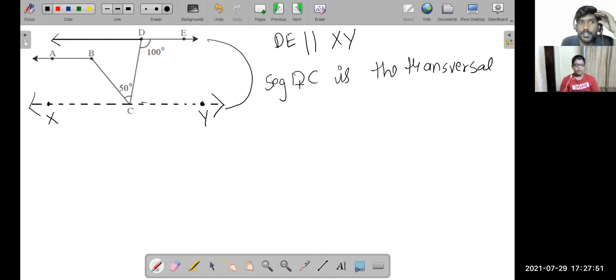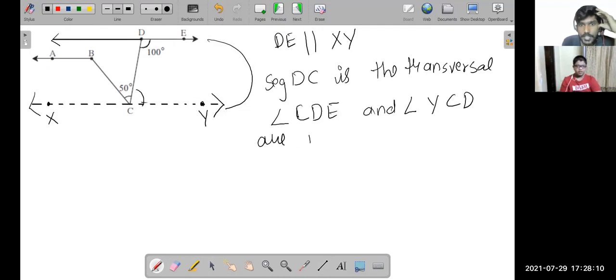Now, since DC is a transversal, angle CDE and angle YCD, what type of angles are these? This one and this one. They are interior angles.